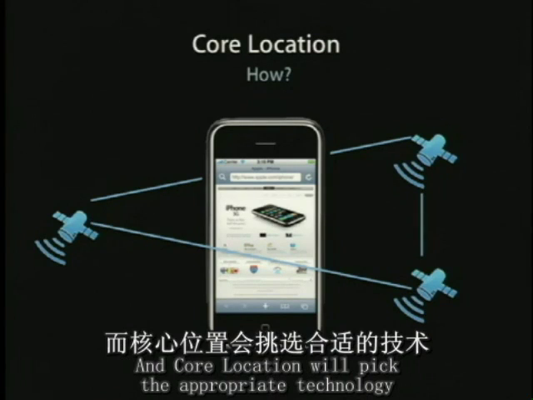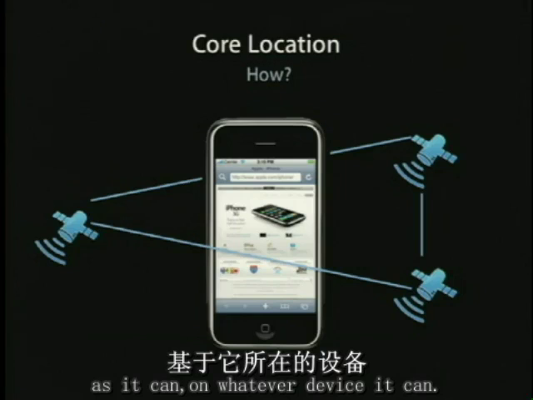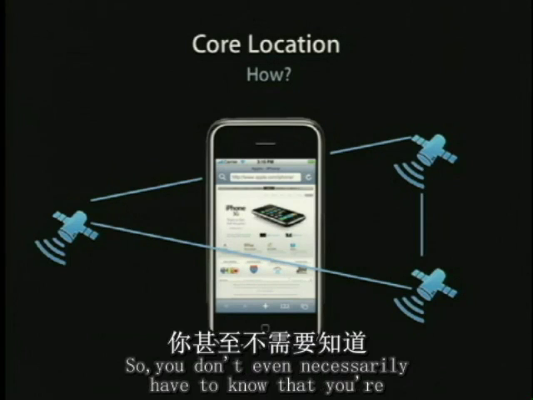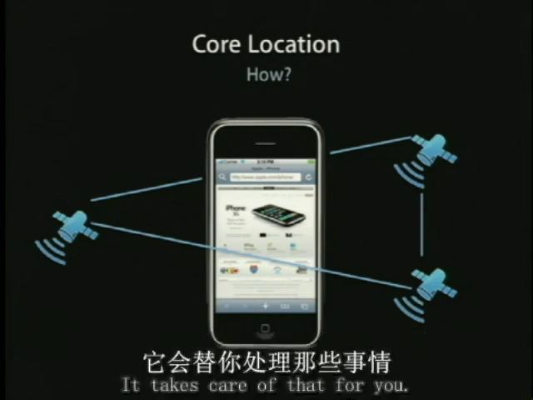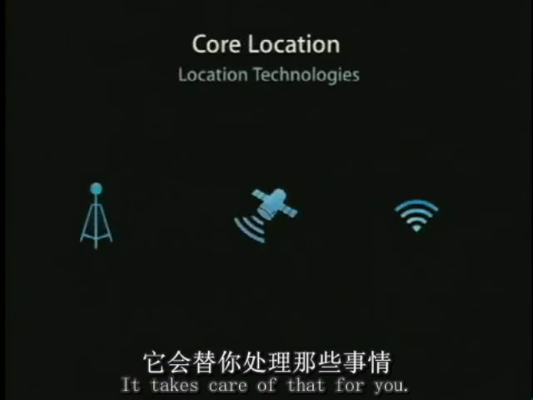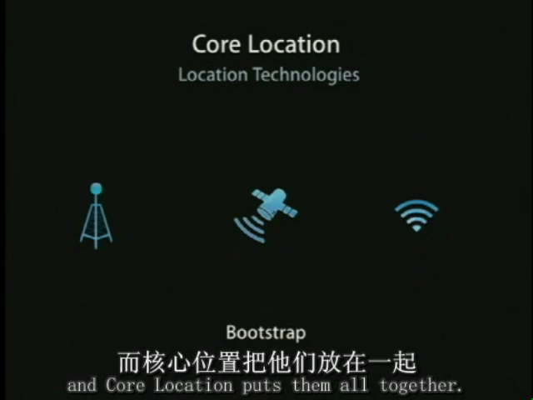Core Location will pick the appropriate technology to get you the information as accurately as it can on whatever device it can. So you don't even necessarily have to know whether you're on an iPhone which has GPS or one which doesn't. It takes care of that for you.